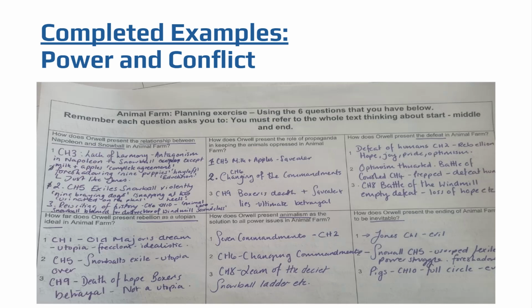Now, I didn't just do planning on these A3 sheets. We did other exercises as well, and I'm going to show you what that looks like in a moment. So you can see here, this is a Power and Conflict summary of the poem story.